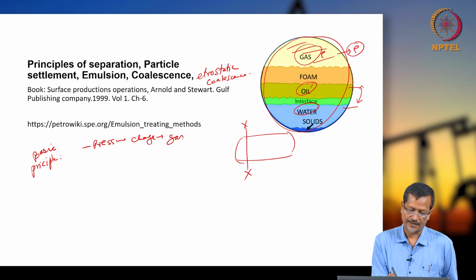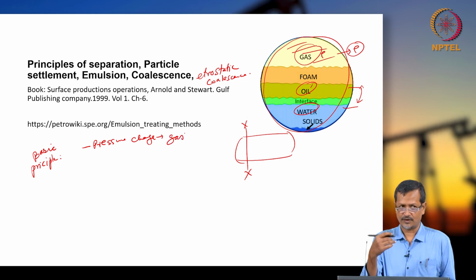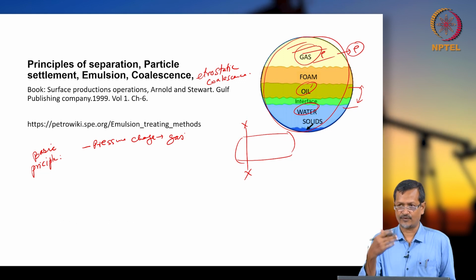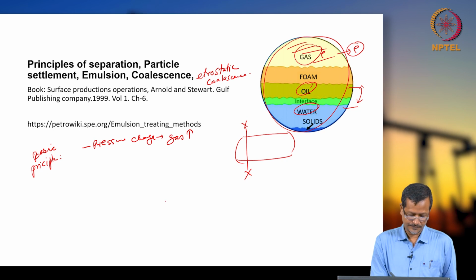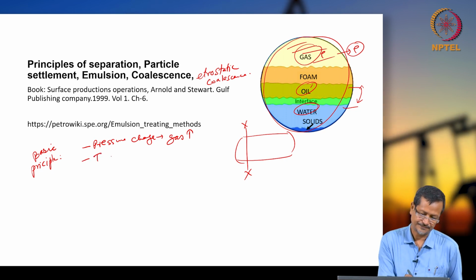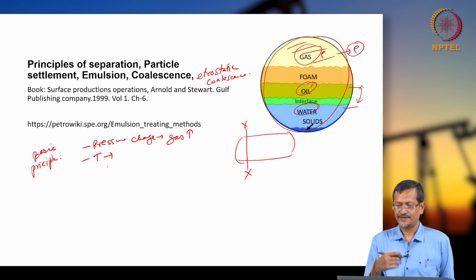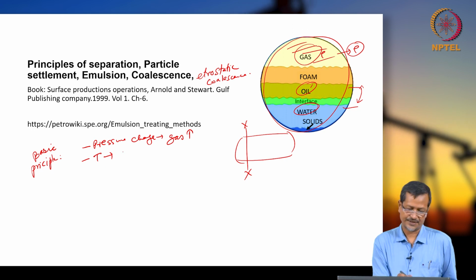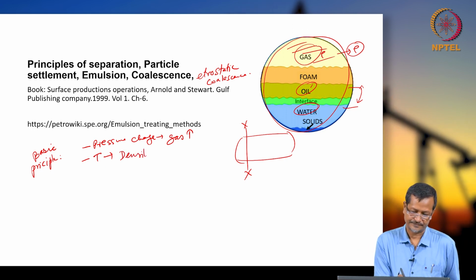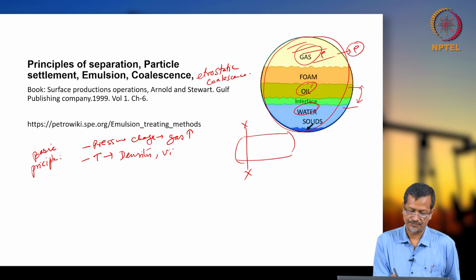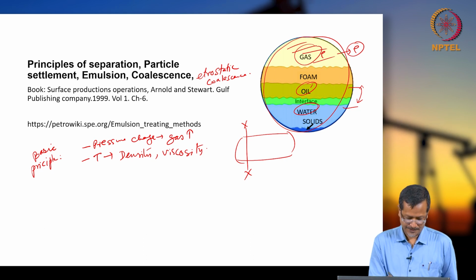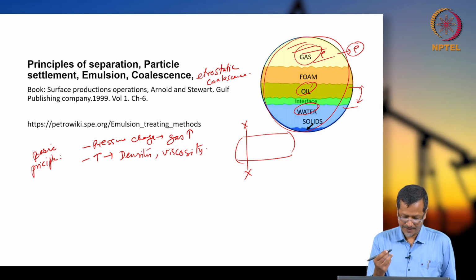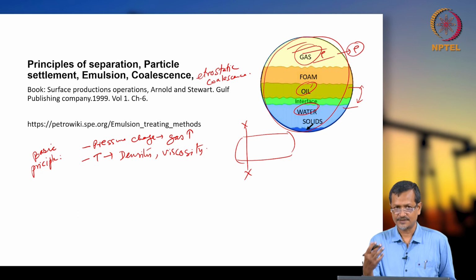So gas or low gravity fluid will come out, right? With temperature change, if you change the temperature, then your density and viscosity will change, right? Then the gravity difference will assist in separation.